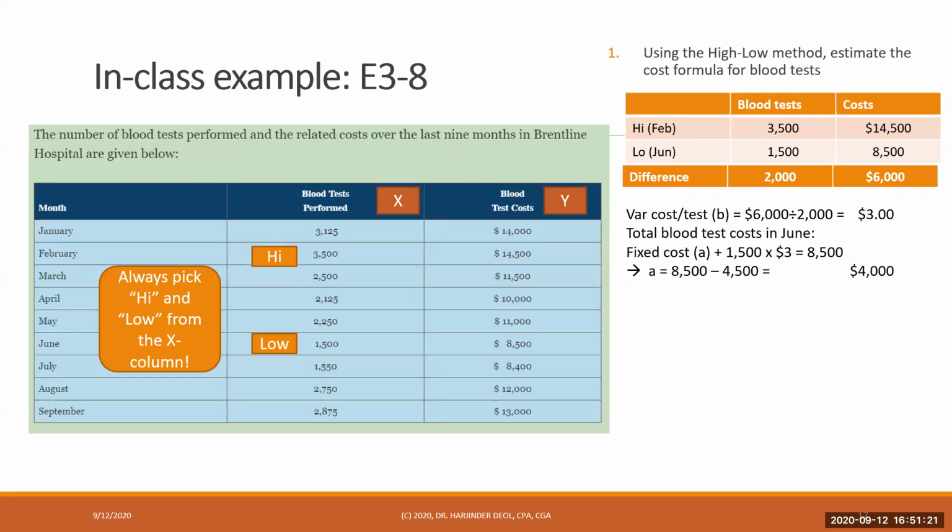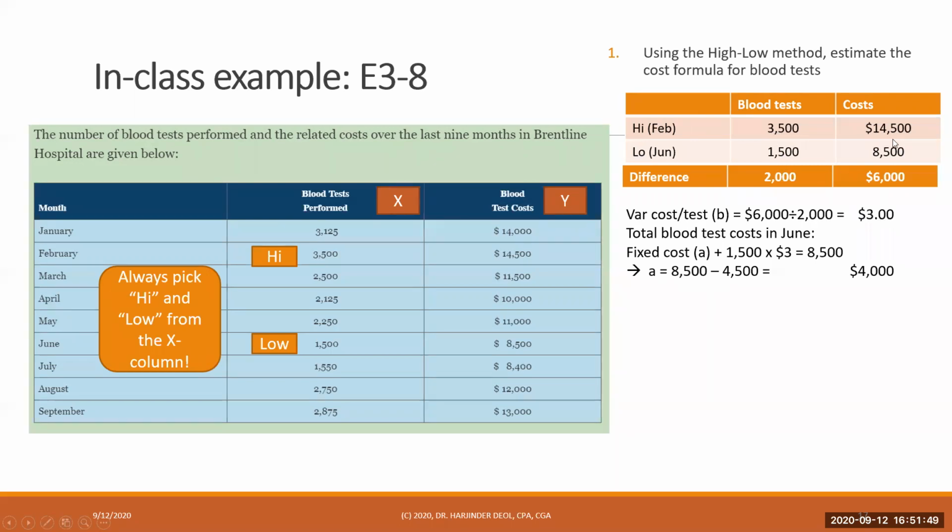Now you could have alternatively done the work for February, and you could have said, hey, in February, 3,500 tests were done. If each test on average costs $3, 3,500 tests should have cost 3,500 times $3 or $10,500. But the total cost in the month of February was 14,500.